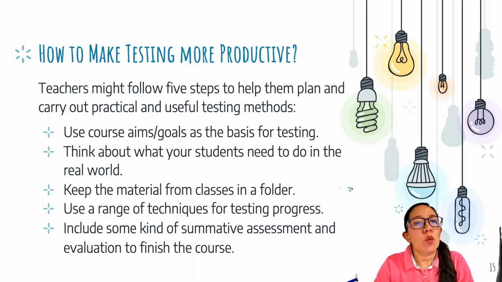Think about what the students need to do in the real world. Keep the materials from classes in a folder. This might be very useful because then students can use it to make a quick quiz. Students can also look through the folder or lesson notes and write a summary of what they have learned.